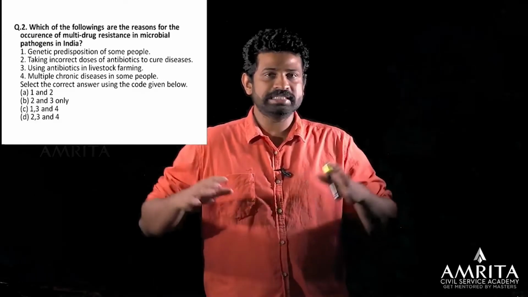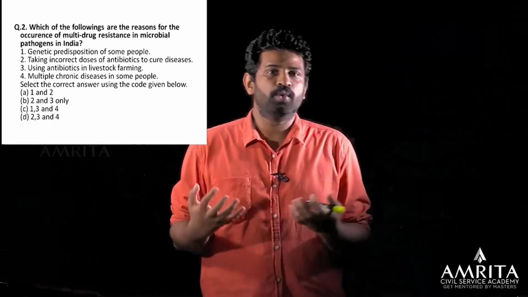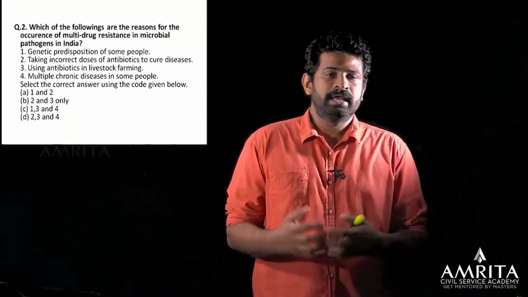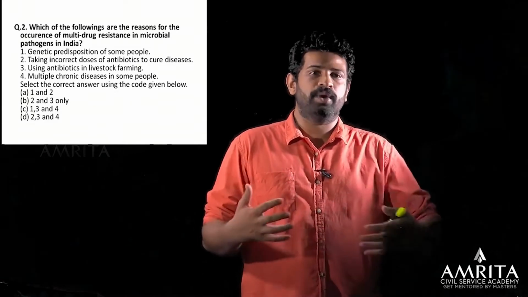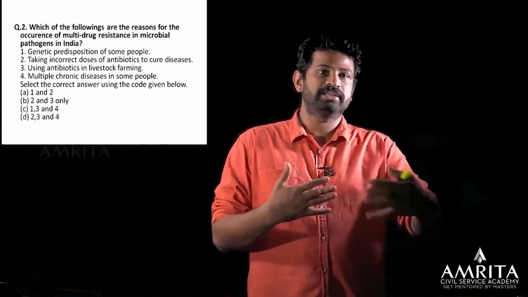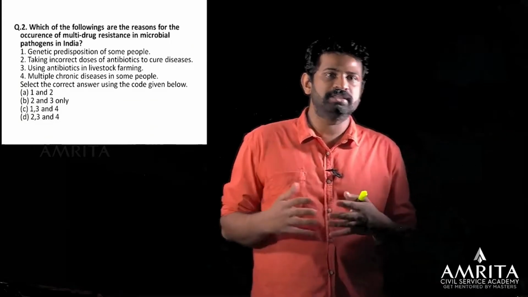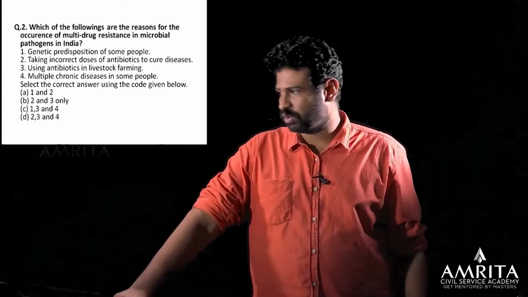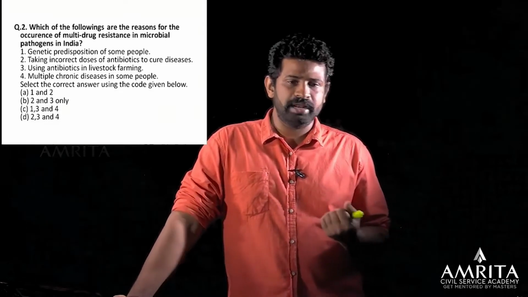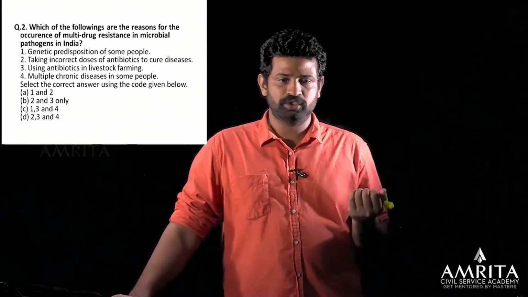That is the idea. So this is not something that you are genetically supplied with. This is something you acquire as you get exposed. It's just an adaptation that is happening in our physiology, and it has got nothing to do with genetics. So option 1 can be easily eliminated. 2 and 3 have to be right.